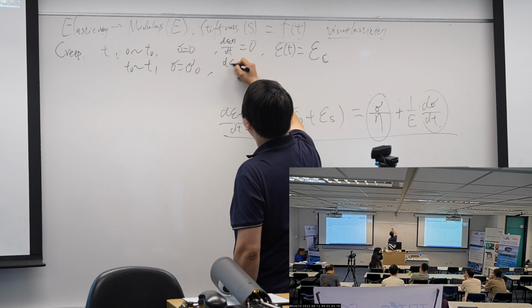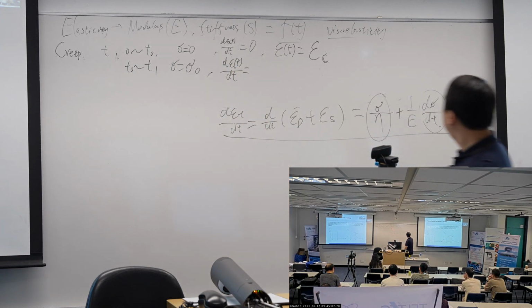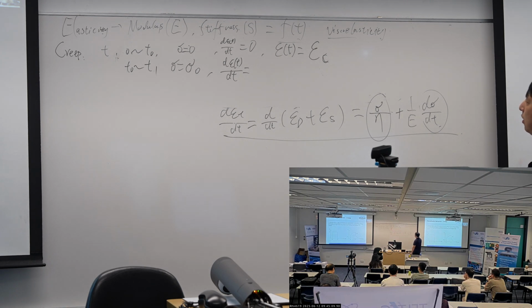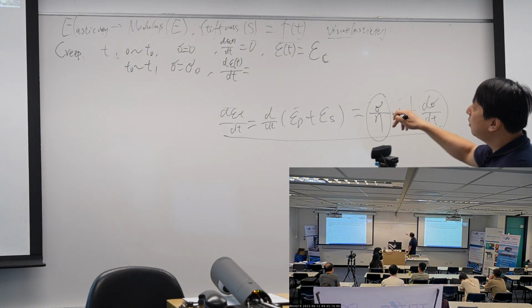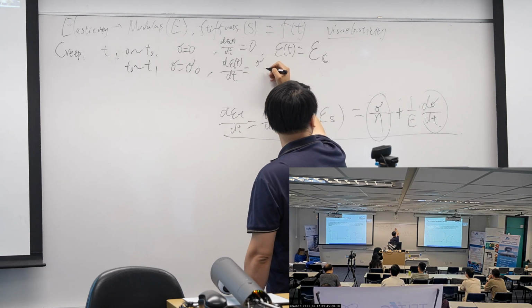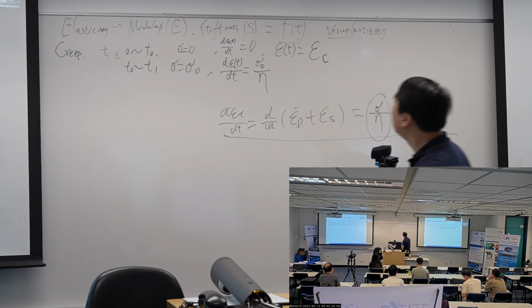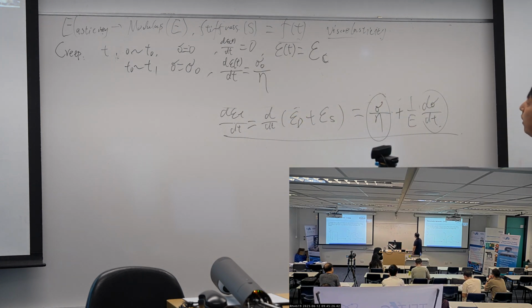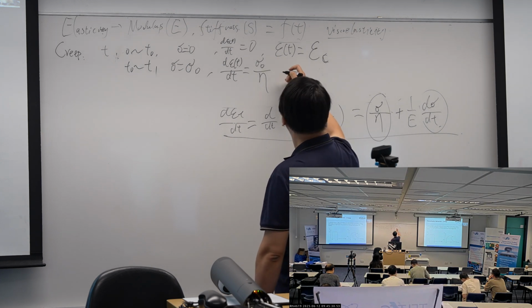So d epsilon t over dt is just sigma 0 over eta, plus this part.